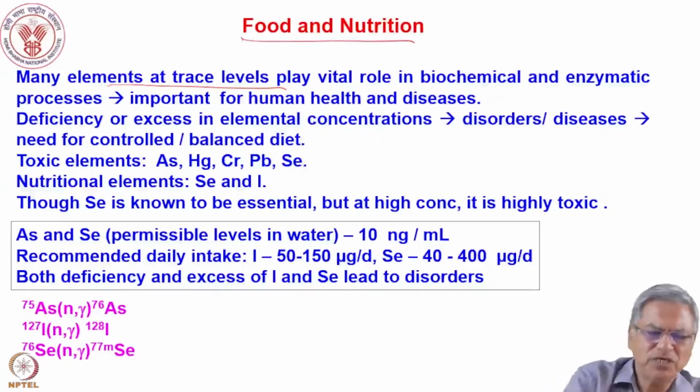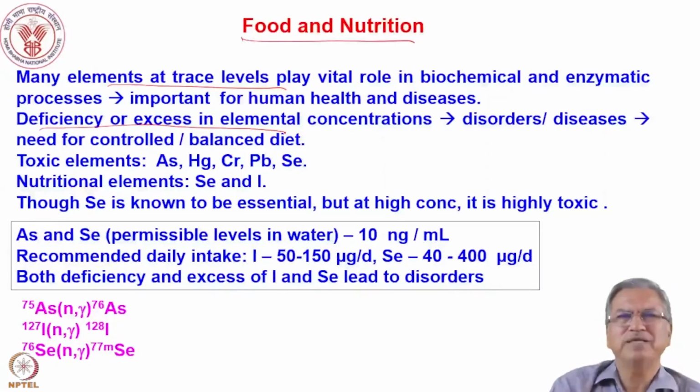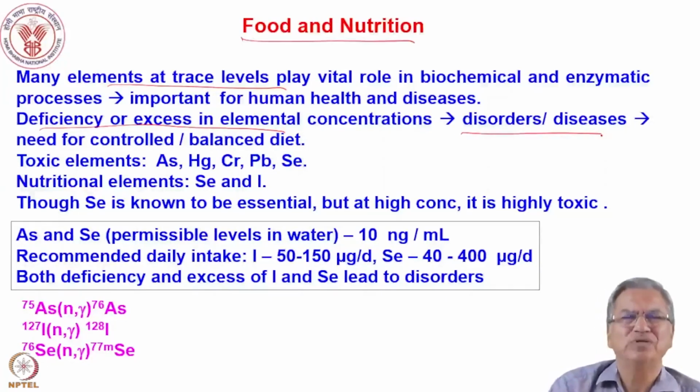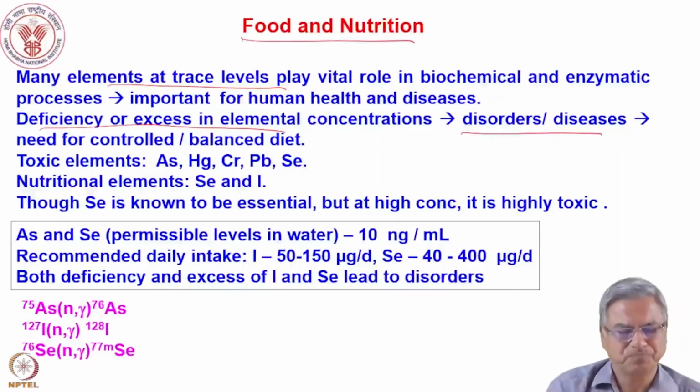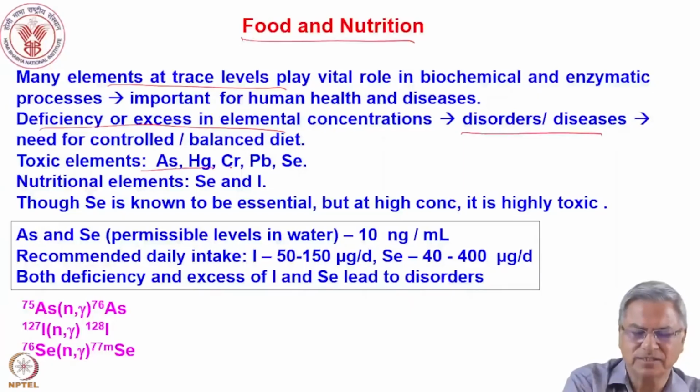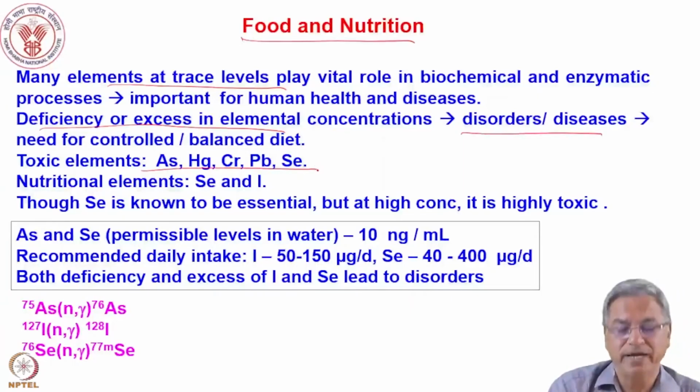So the deficiency or excess of certain elements in our body leads to disorders and diseases, and therefore we need a balanced, very controlled diet containing those elements. Certain elements are toxic and not needed by our body, like arsenic, mercury, chromium, lead.